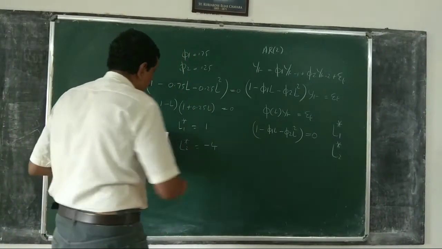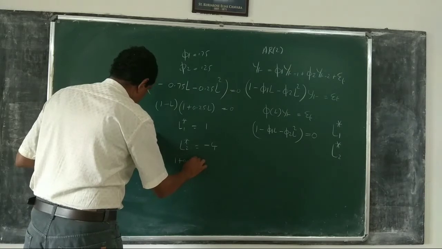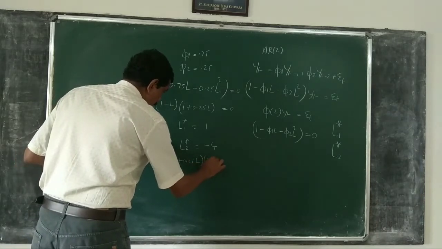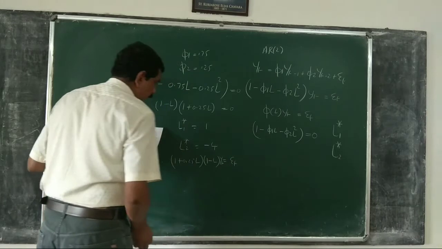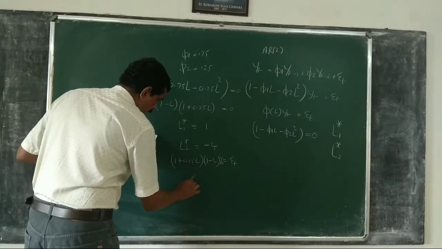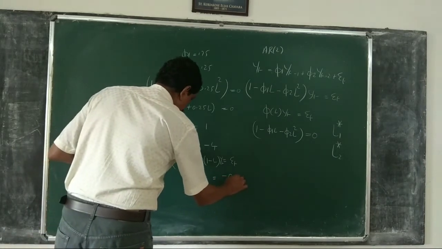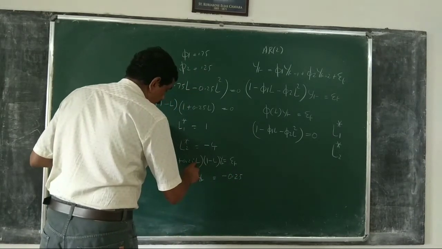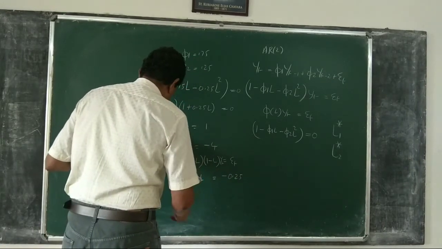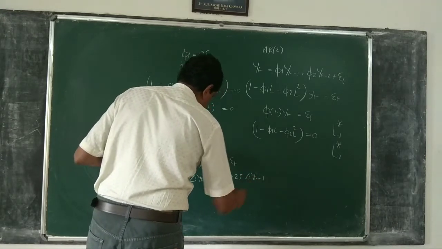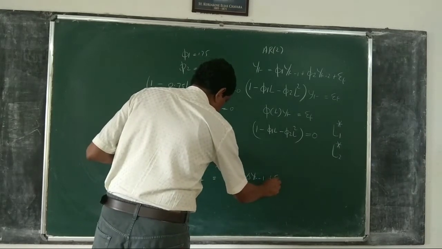For example, we can write this as (1 plus 0.25 L) into (1 minus L) yt equal to epsilon t, or (1 minus L) yt is delta yt, equal to minus 0.25 L delta yt plus epsilon t.